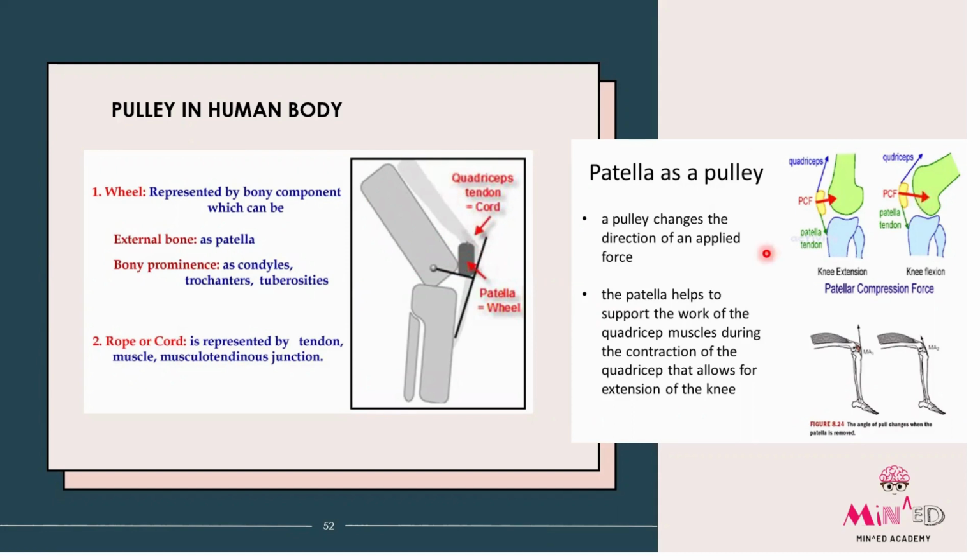Okay, so as a pulley changes the direction of the applied force, similarly, the patella does the same work for the knee joint. The patella helps to support the work of the quadriceps muscles during the contraction of the quadriceps that allows extension of the knee. So when we go to knee extension, the patella acts as a pulley and supports the quadriceps muscles.